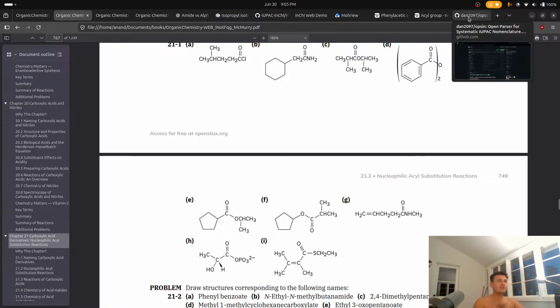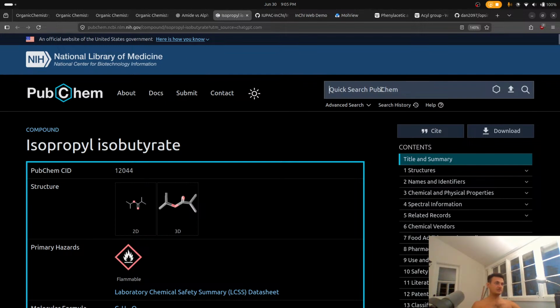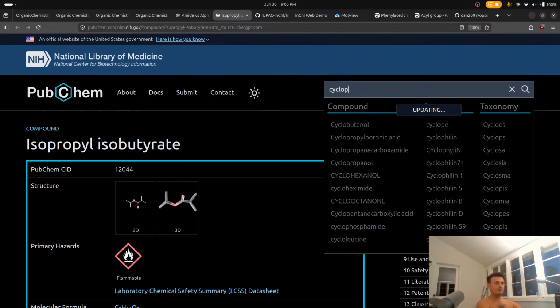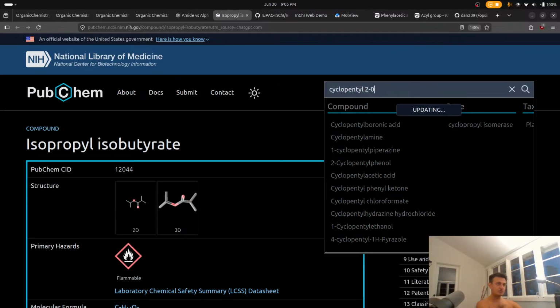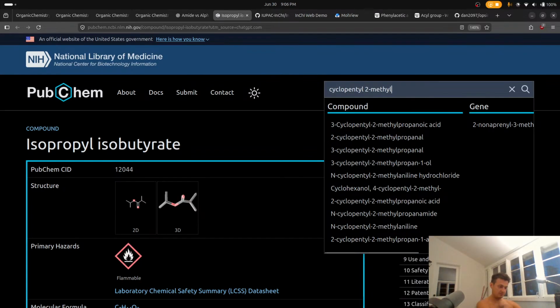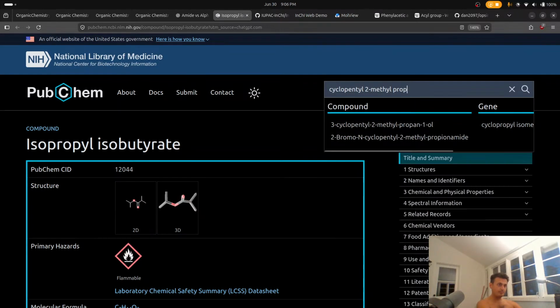Let's see if I can get it. My favorite is when I can actually type it in here. So cyclopentyl 2-methyl propanoate.